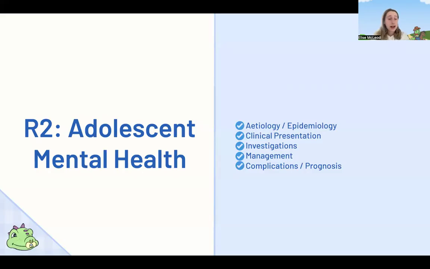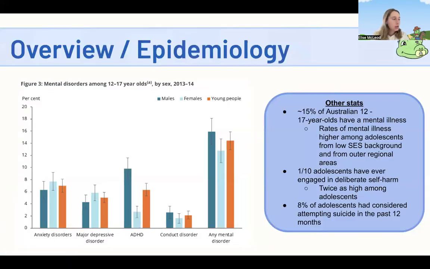This is a very broad, non-specific topic, but just speaking about adolescent mental health briefly. So I just thought I'd do a little touch on the epi. So about 15% of Australian adolescents 12 to 17 years have a mental illness.